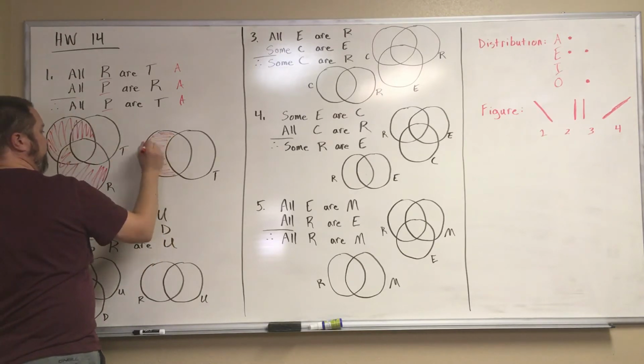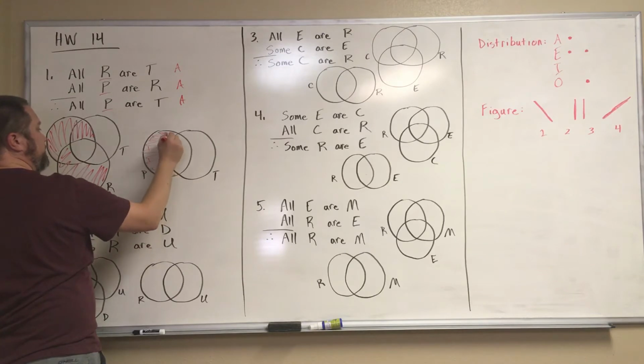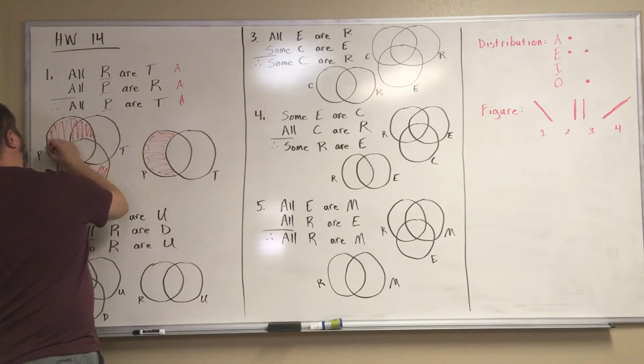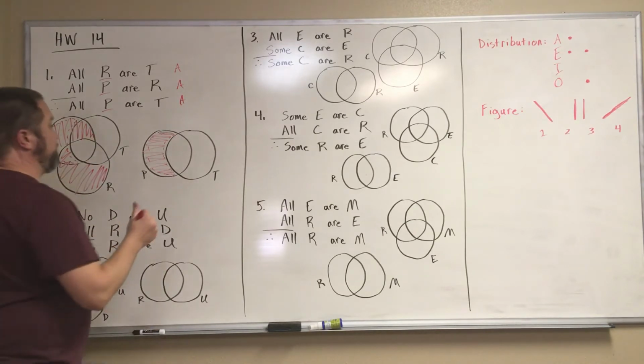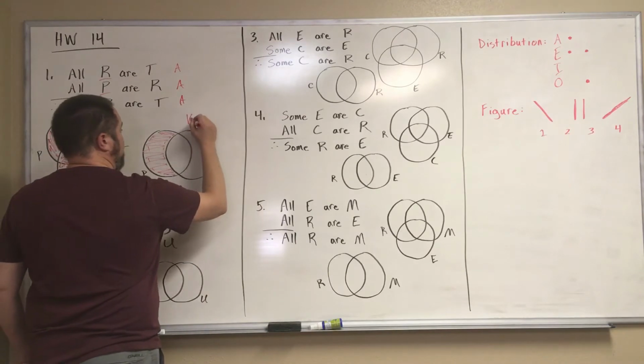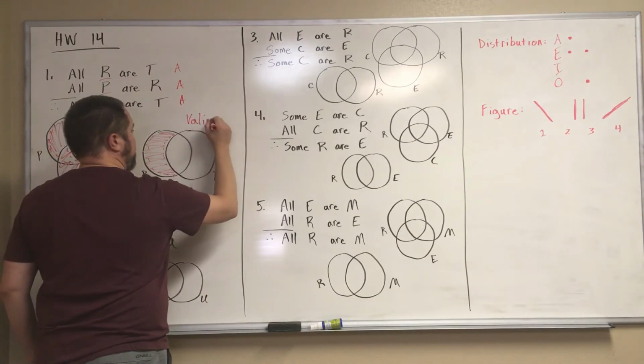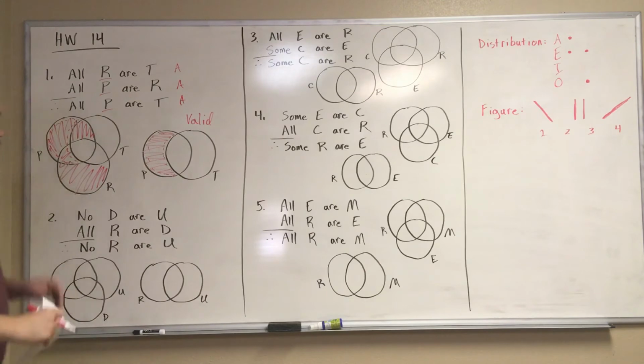And sure enough, this shape right here, the crescent moon on the left, is completely filled in over on the right side. Again, we have extra information, that's okay, as long as we get what we're looking for in the conclusion. So this argument is valid.